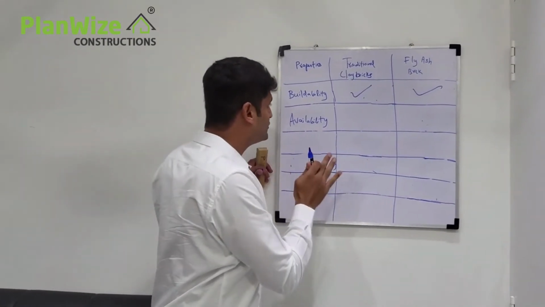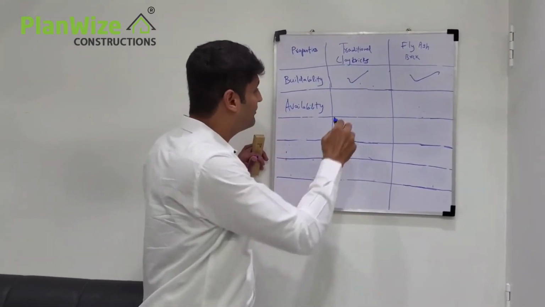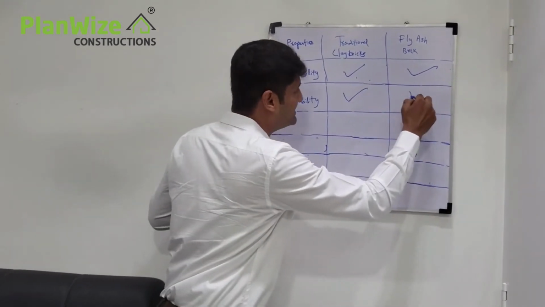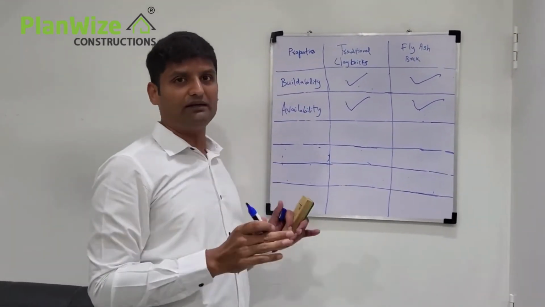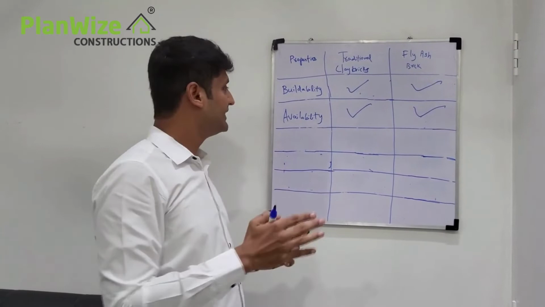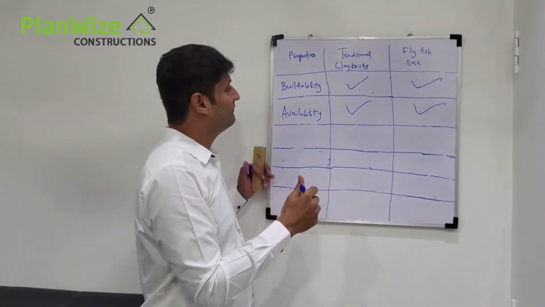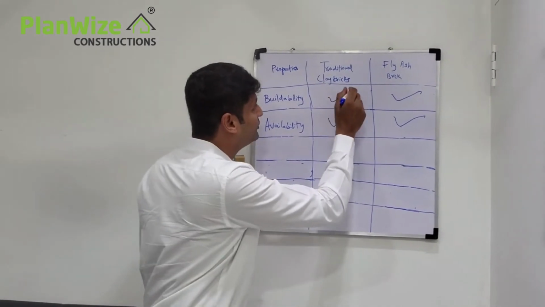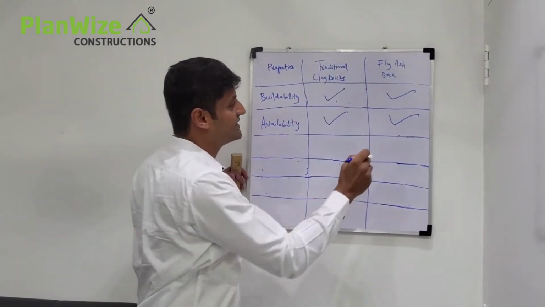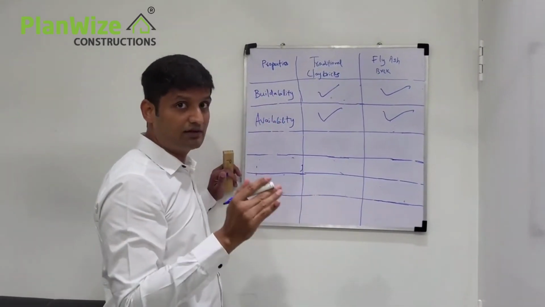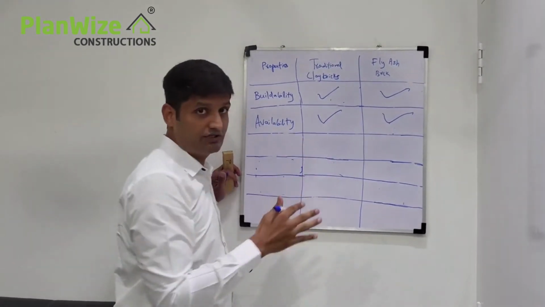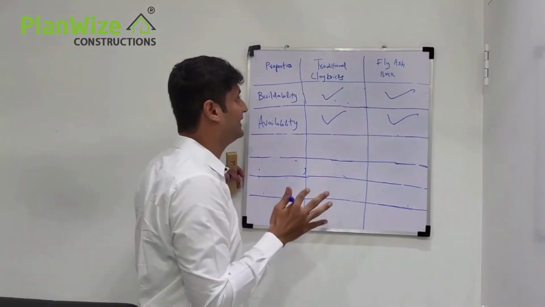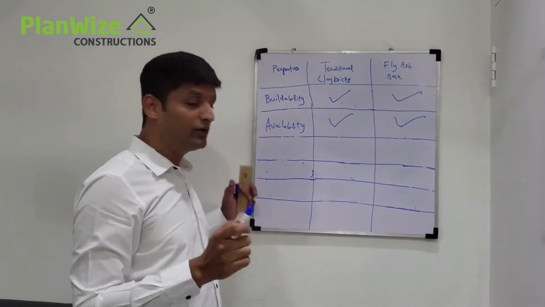So in availability also we can say both are easily available. But in the future things may change a little bit, where fly ash brick might be more easily available when compared to the traditional clay brick, since it's an eco-friendly product and since there's a severe shortage of resources like sand and other things.